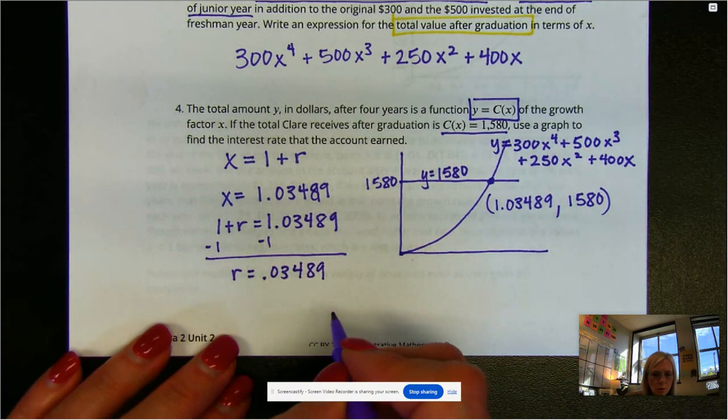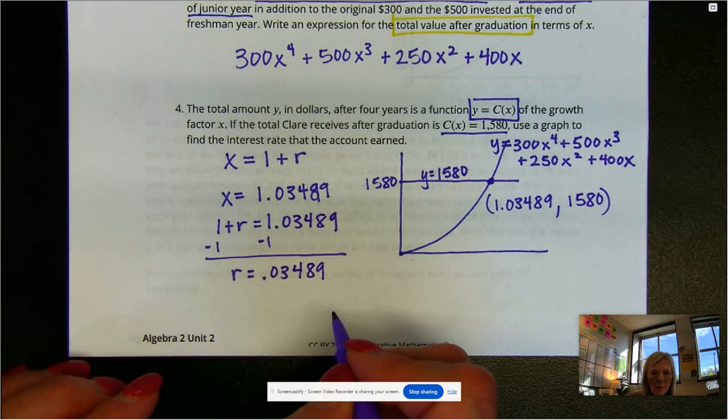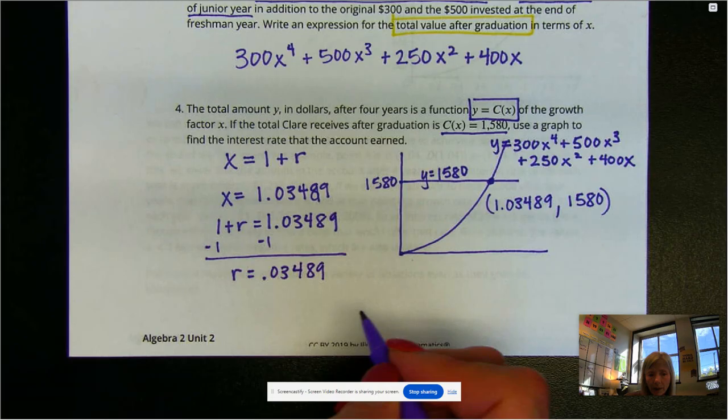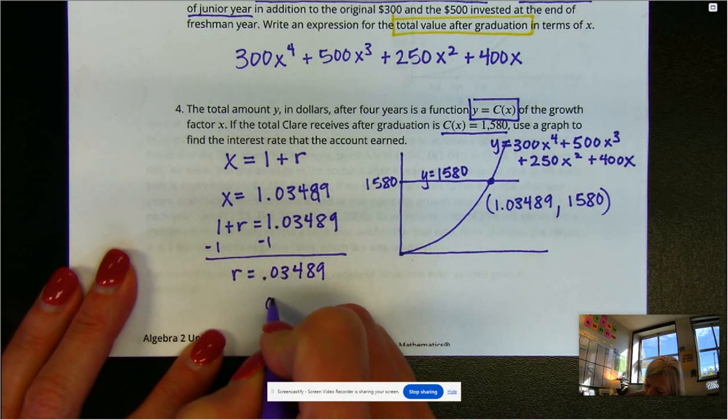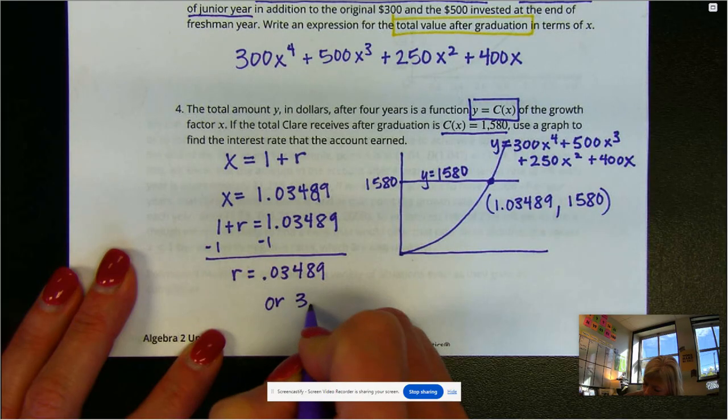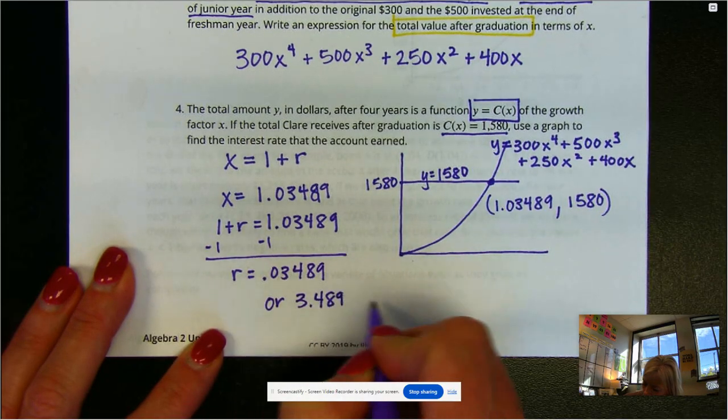And in interest rates, we usually use a percentage. So we could say 0.03489 or 3.489%.